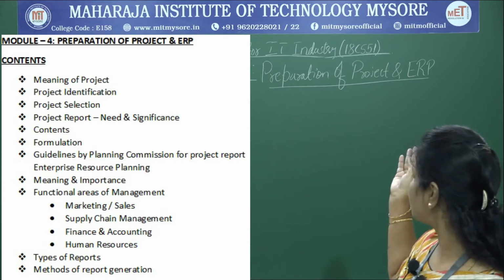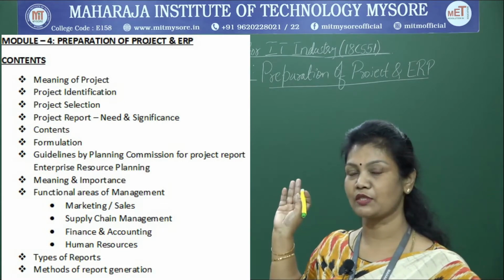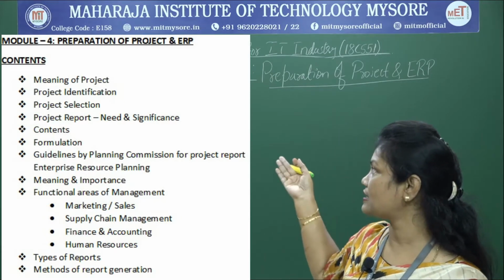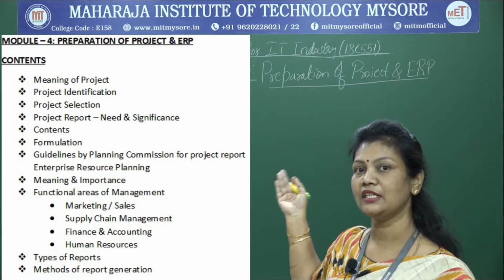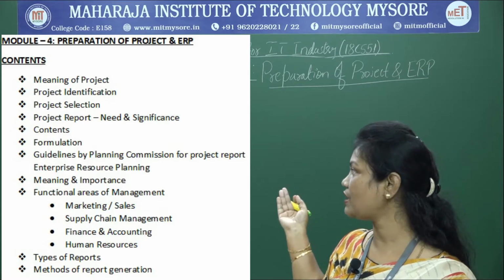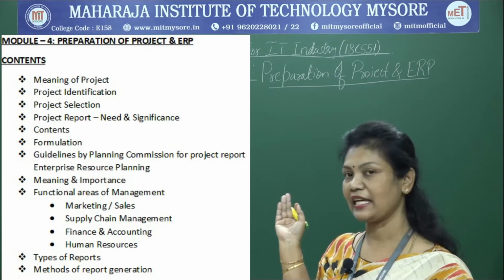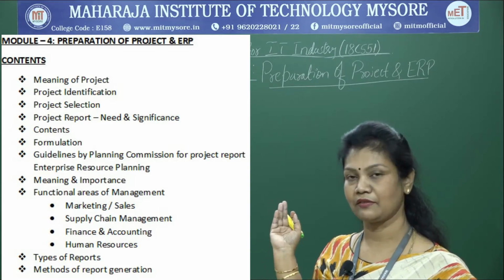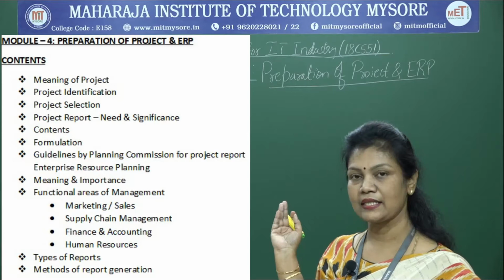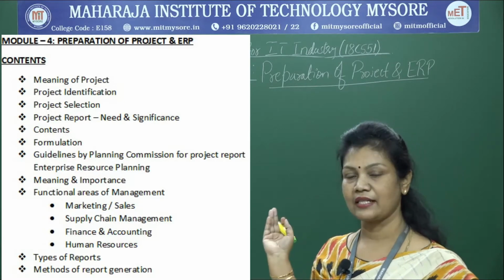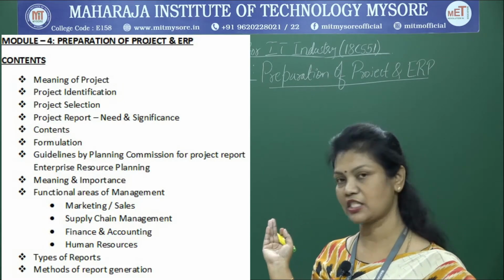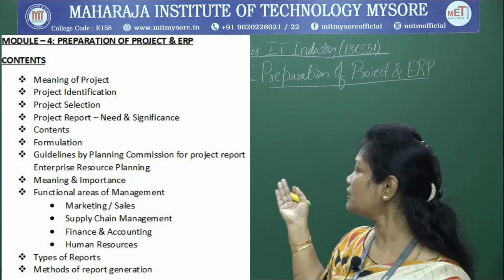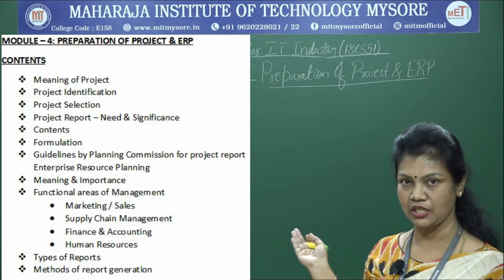When we are going to take up the ERP, that is Enterprise Resource Planning, you are going to learn the topics related to that, which is nothing but the meaning along with the importance of ERP, followed by the functional areas of management, where you will be learning marketing and finance, followed by supply chain management, finance and accounts, HR, that is human resource, types of reports, followed by the methods of report generation.